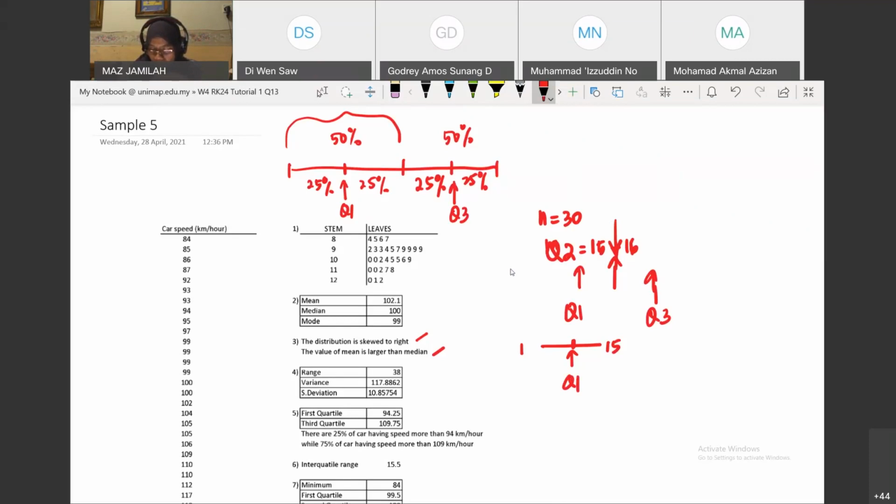Exactly on. Okay, that would be the 8th value, right? Am I correct? So for 16th until 30, Q3, what value here? 24.